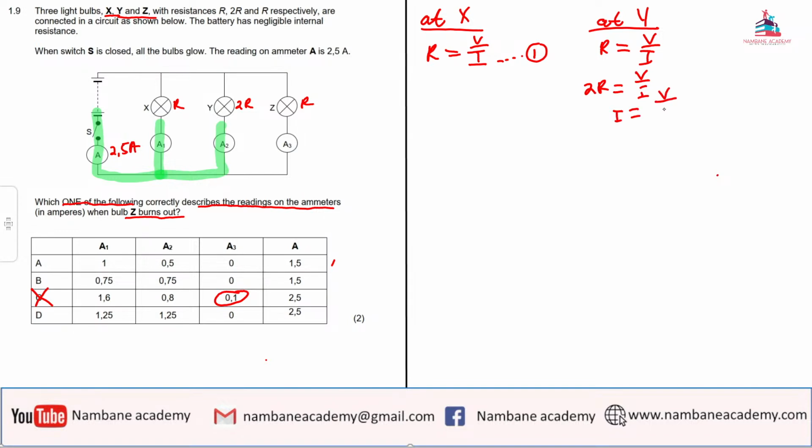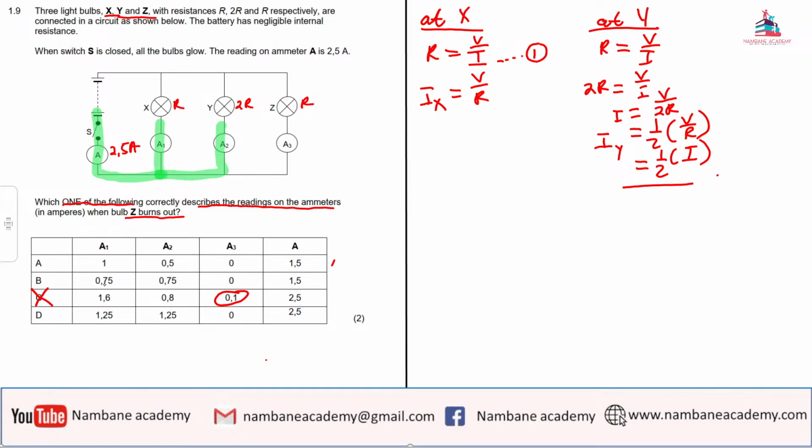I have V over 2R, and this just becomes half of V over R. I is equal to V over R at X, so at Y it is half of that. This is at Y, this is at X. So one can easily see the current passing at Y is half of that. So let's look for where is the half.